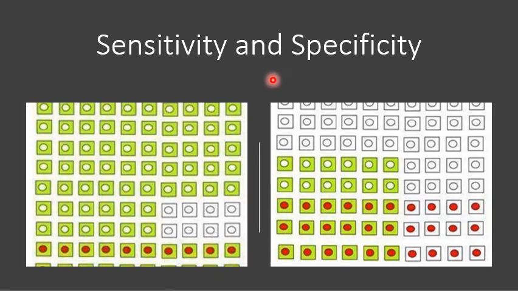This will demonstrate how the results of a screening test would be validated against the results obtained from a gold standard. The results obtained from the gold standard would be in the squares, and it would be a green square if it is positive and a white square if it is negative. So these green squares are truly positive and the white squares are truly negative. The screening test results would be a red circle if it is positive and a white circle if it is negative.